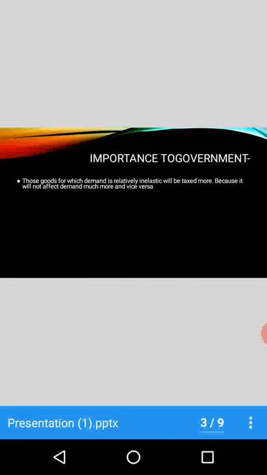Those goods for which demand is relatively inelastic will be taxed more because it will not affect their demand. For example, the demand of the consumer having habits of tobacco, alcohol, even though there is change in the price, rise or fall.